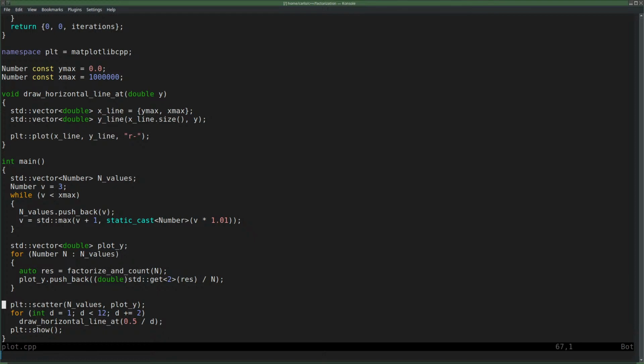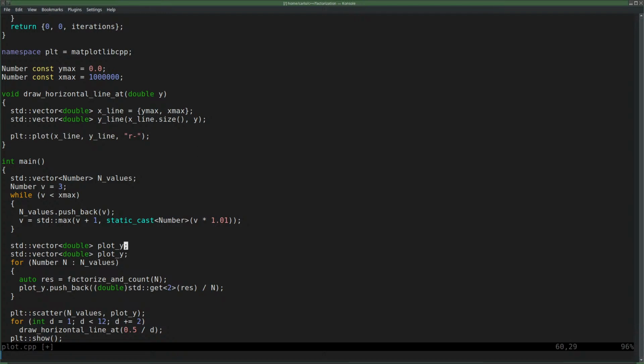How shall we do that? That means that my n values must be logarithmic values. No, of course not. I want to plot them logarithmically. Plot x.